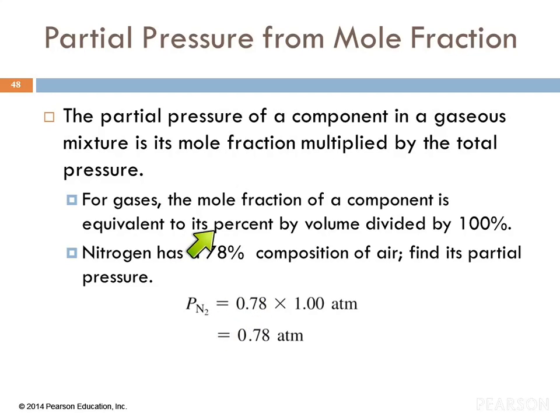Mole fractions are very much related to percentages. It's just a factor of 100. So 0.78 out of every mole is nitrogen. We can take the total pressure and multiply by the mole fraction, and we get the partial pressure of the nitrogen gas. So at 1 atmosphere, with a composition of 78% nitrogen, the nitrogen is exerting a pressure of 0.78 atmospheres.